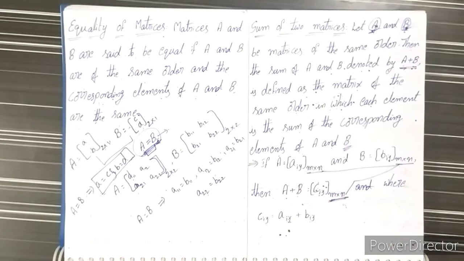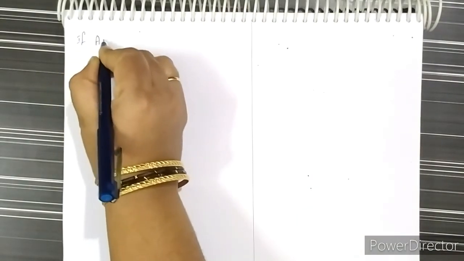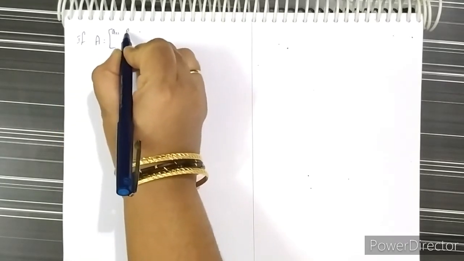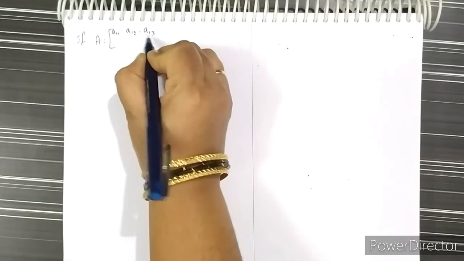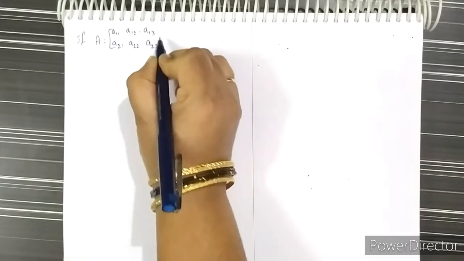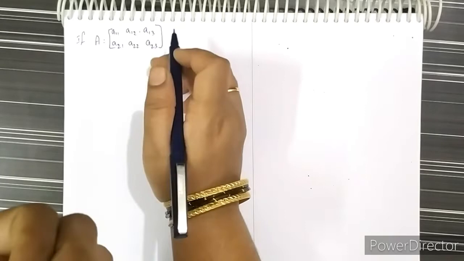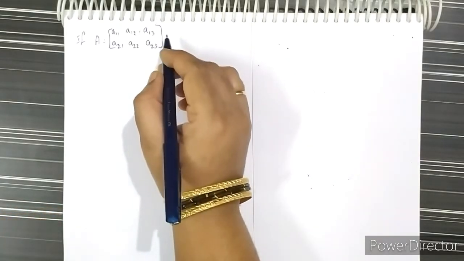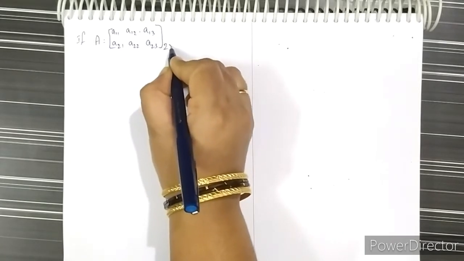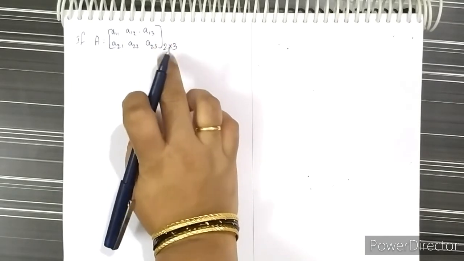For example, if capital A equals A11, A12, A13, A21, A22, A23, this matrix has order 2 by 3. How do we find the order?